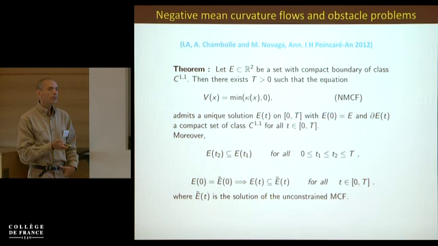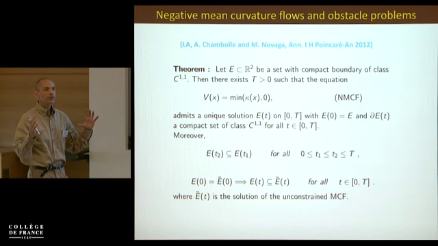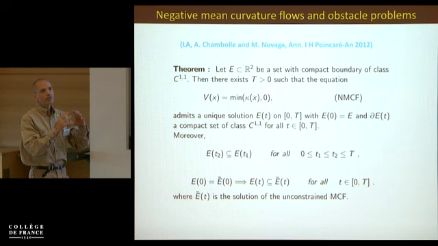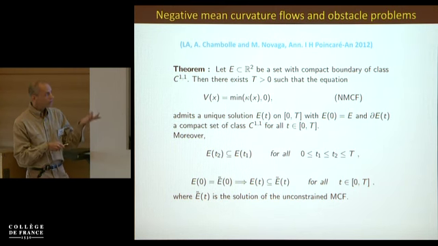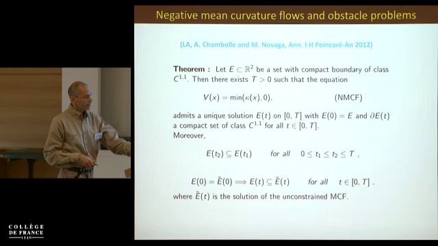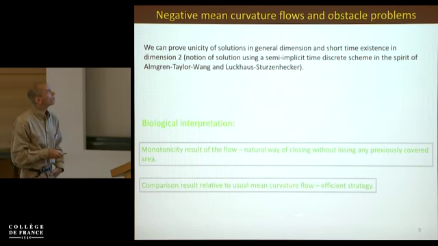This is not obvious, because in the initial times you could be flowing back, but then since you are getting a negative curvature everywhere very fast with the mean curvature flow, you could catch up and even move faster and close your hole faster. This theorem shows you that this doesn't happen. So this is the mathematical way of showing it. And then essentially, how do you interpret it?